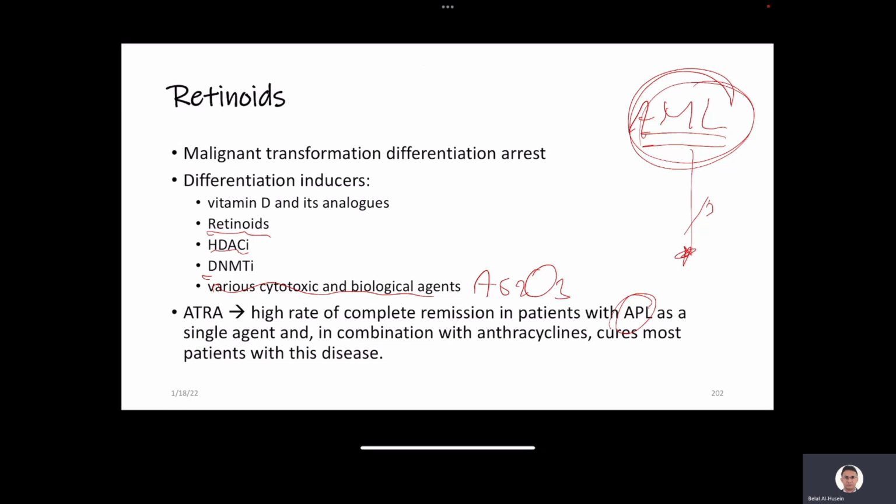And this would be associated with reduction of the proliferation of those cells, which is like a signature manifestation of, let's say, leukemia.